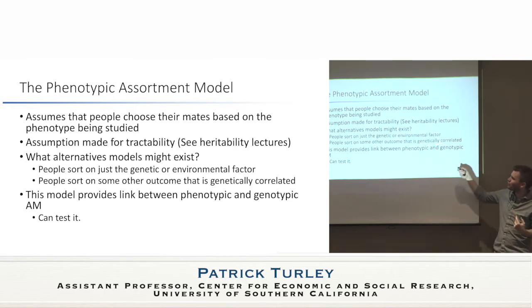If people are just sorting on the environmental component of education but don't sort on the genetic component, maybe it's because that's a genetically correlated factor. So we could imagine other types of models that would lead to a phenotypic correlation and a genetic correlation between spouses. But just to make our lives easier, we often assume this phenotypic assortment model. There's some work in EA4 where we test the phenotypic assortment model, and it doesn't look like it's that good either. But we have to do something.